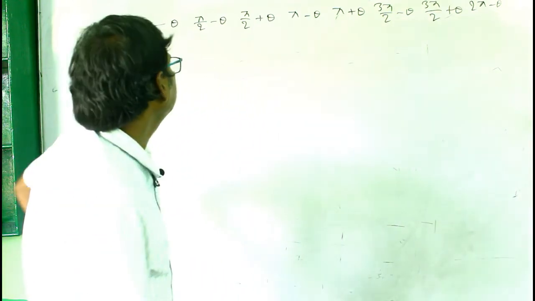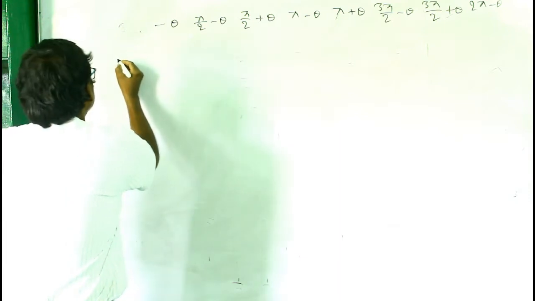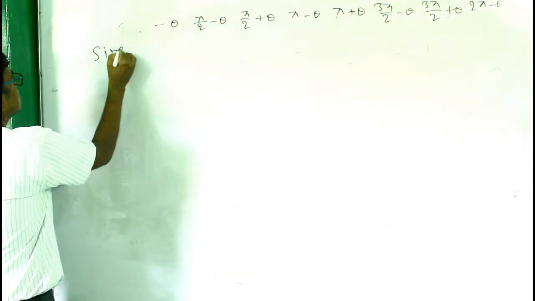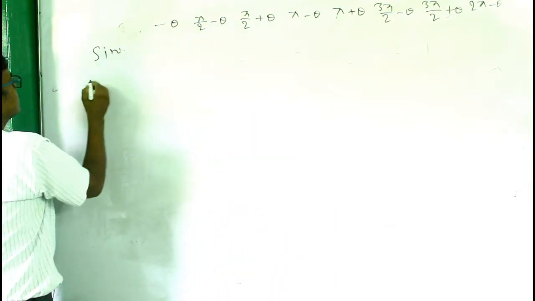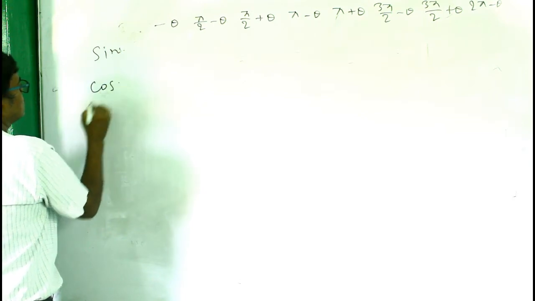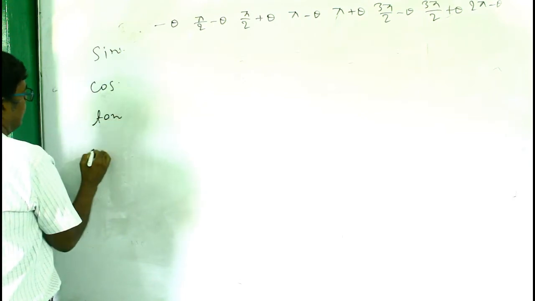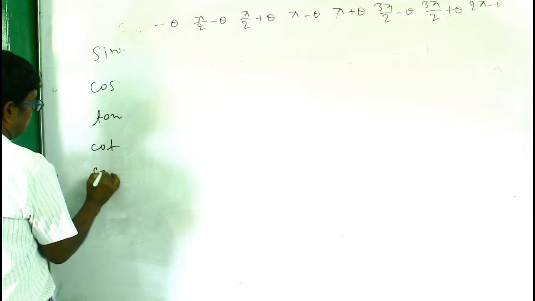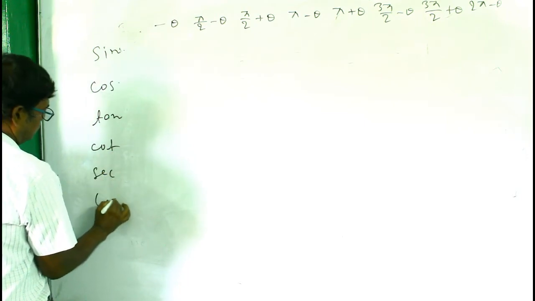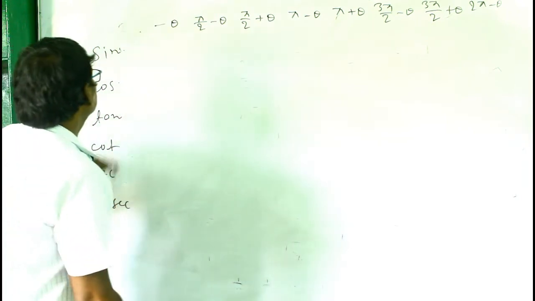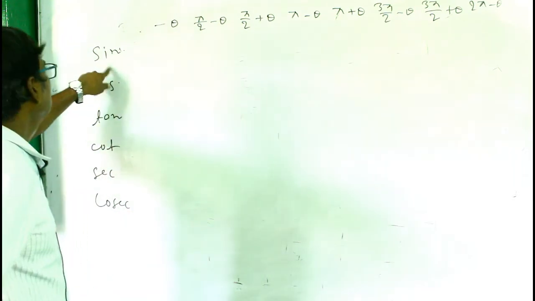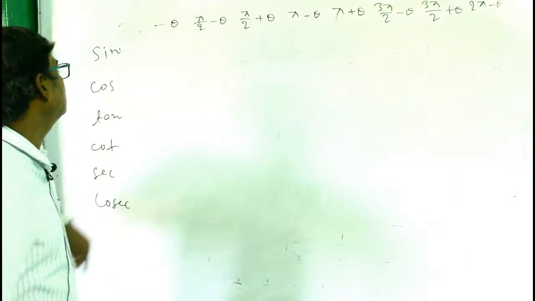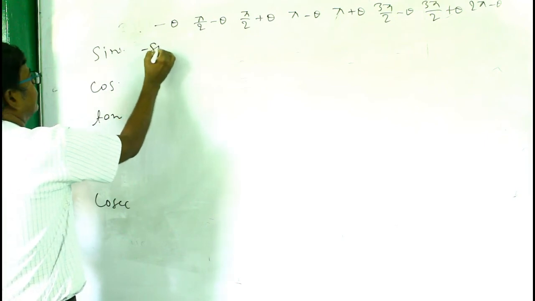Okay, so these are the angles, and here you have sine, then cos, tan, cot, sec, cosec here. So sine, that is when you have this sine minus theta equal to what? Here it will be minus sine theta.